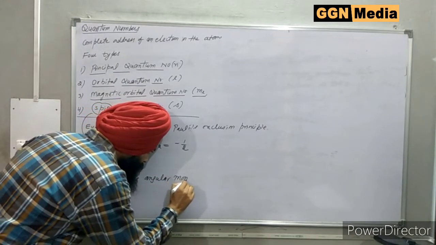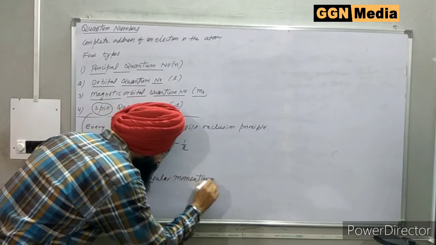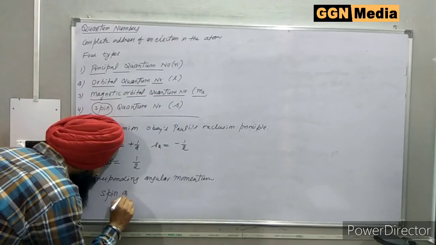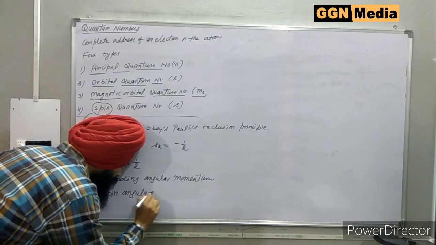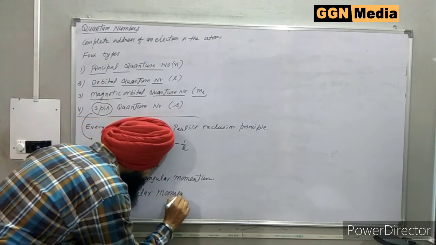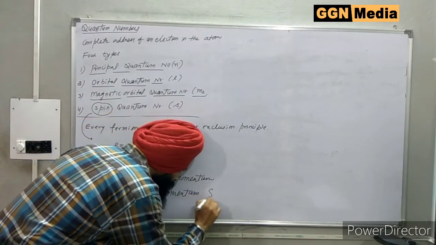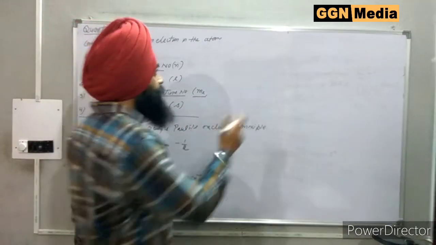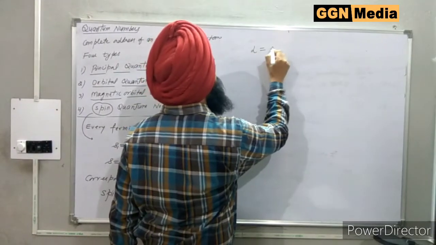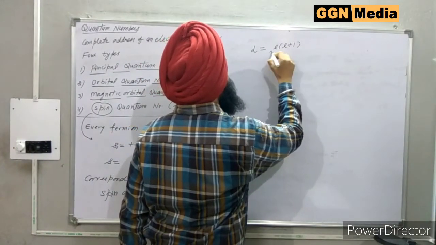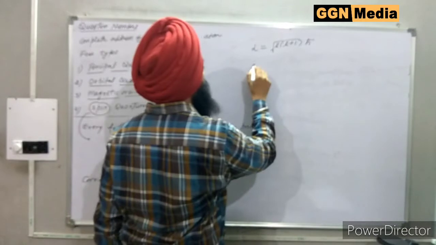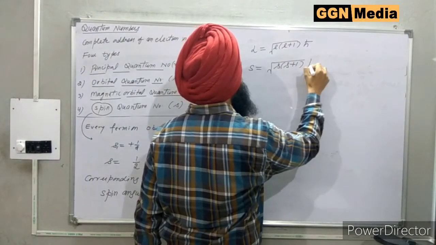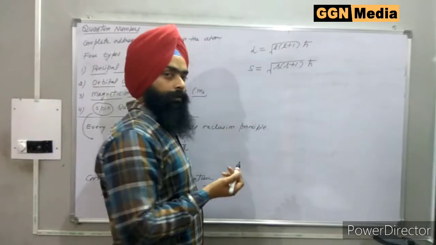angular momentum is called spin angular momentum, which is represented by vector S. As we have L is equal to under root L into L plus 1 h cut, similarly we have S is equal to under root S into S plus 1 h cut.